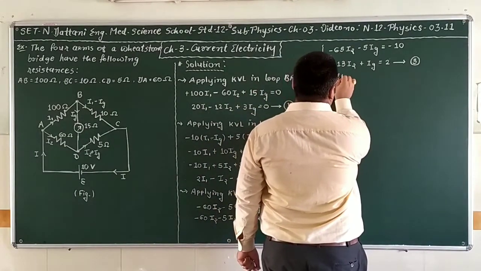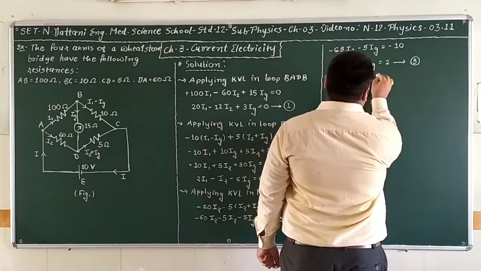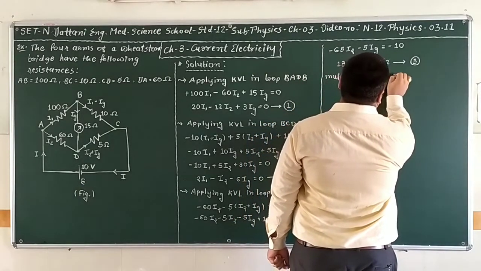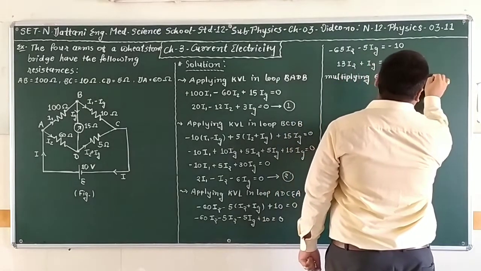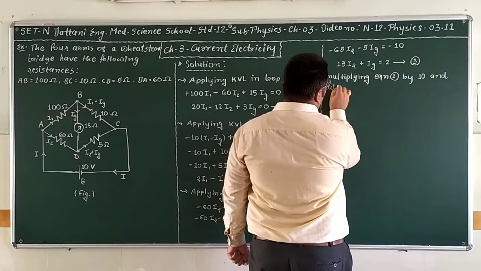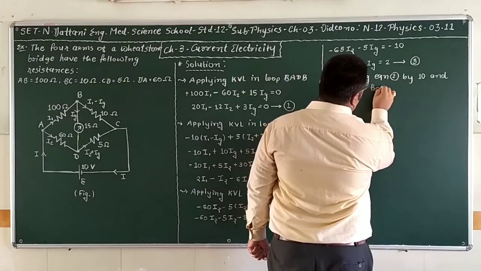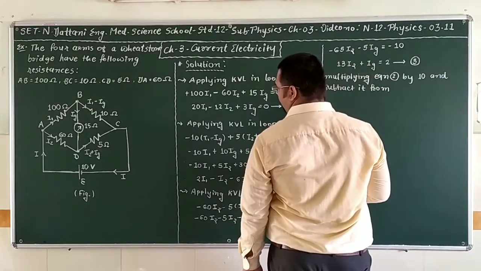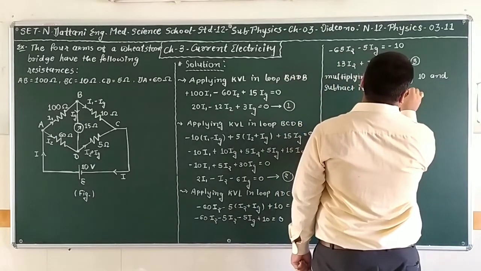Multiplying equation number 2 by 10 and subtract it from equation number 1.